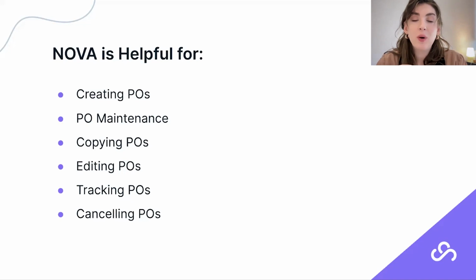Whoever on your team is pushing orders to Walmart should be in for all of your orders. It should be more of a supplemental resource to manage orders and make sure that everything is on track and is correct. So Nova is great for creating POs. It is great for PO maintenance, and we'll get into what PO maintenance means. It's great for copying POs, editing them, tracking them, and canceling POs.